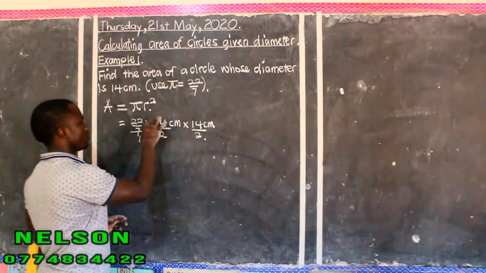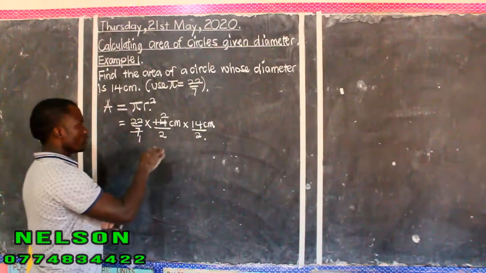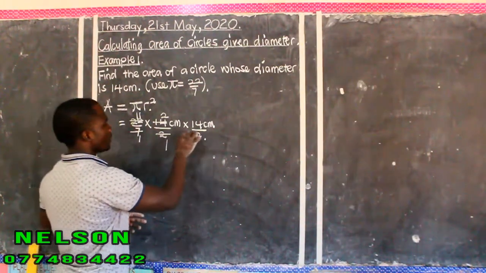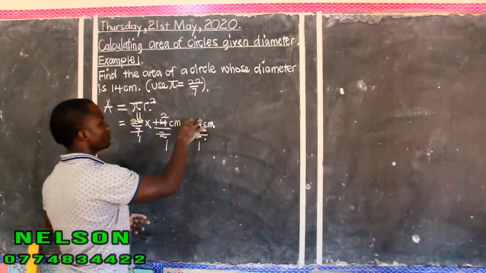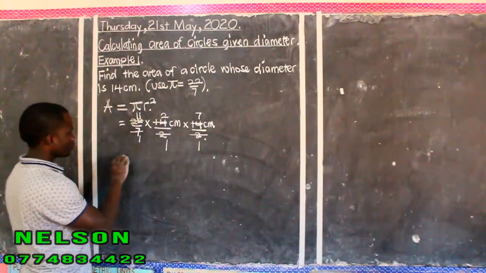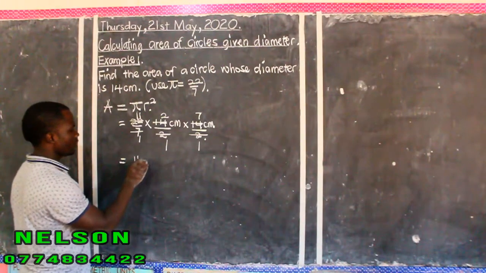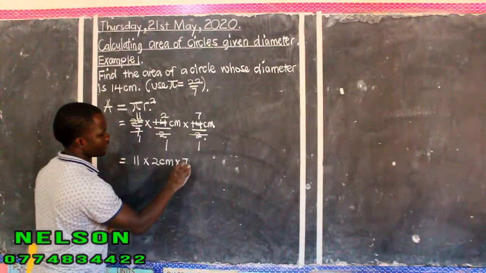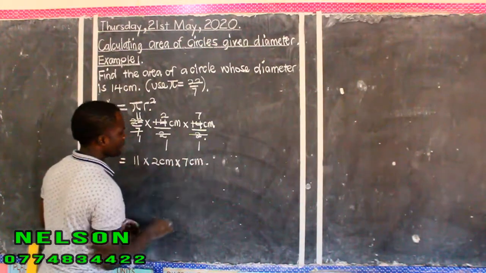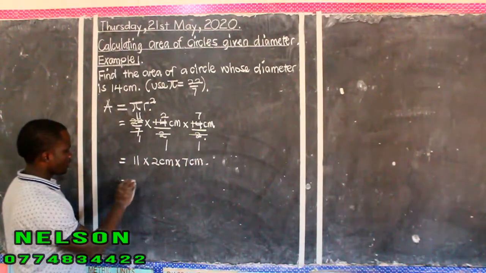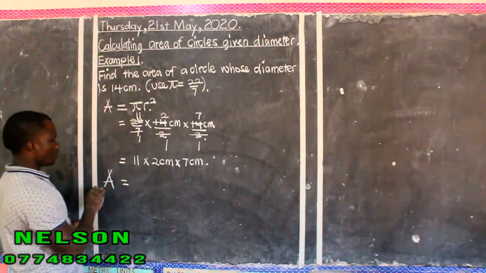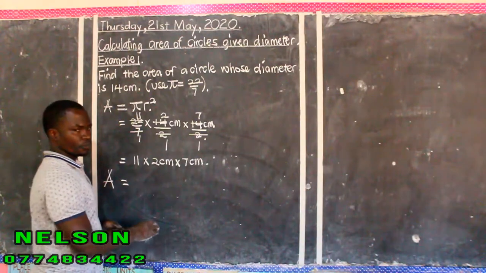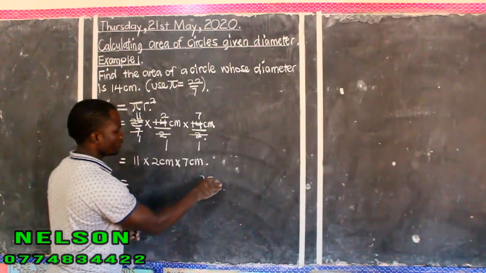We shall now go on and simplify. By 7 once, by 7 we shall have 2, by 2 once, by 2, 11, by 2 here, once by 2 we shall have 7. So here we shall have 11 times 2 centimeters times 7 centimeters. What do you get here? Our area of this circle equals 11 times 2, we shall have 22.